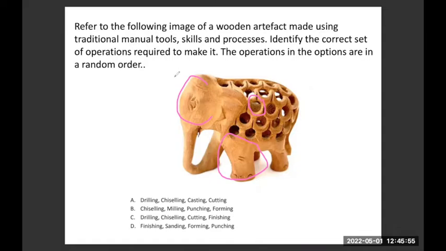There might be a block of wood from where the carving or the chiseling process would have started. या फिर वो block of wood को first you cut into a form which is similar looking, say maybe an ovaloid or a chamfered edge cuboid. So I might cut the larger block into that form, and then from that I start chiseling, and simultaneously start drilling these kind of holes, and that's where I get this form.